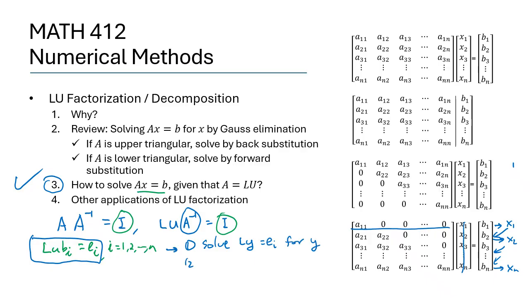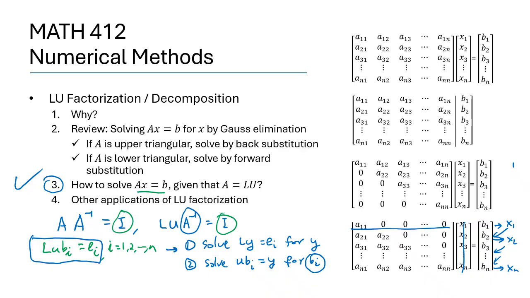And then solve UBI equals y for B sub I. Yes. Okay. Now we can find each column of the inverse matrix, and therefore we find the inverse matrix.